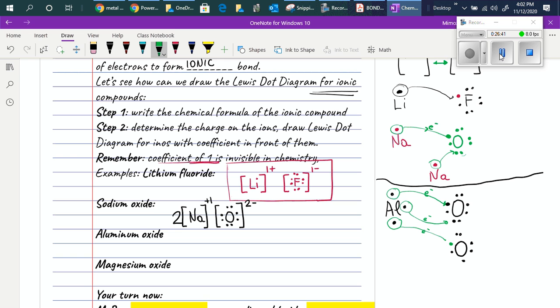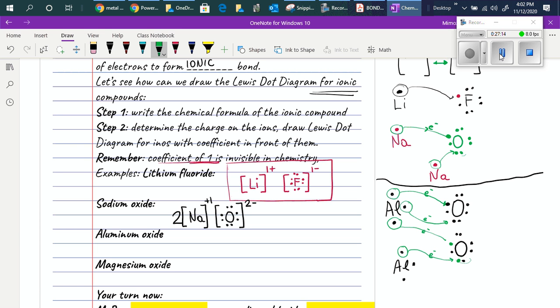And now this bonding electron that is here is saying, oh, I need another electron though. So then another aluminum that has 3 electrons is giving one of the electrons to complete the other bonding electron.